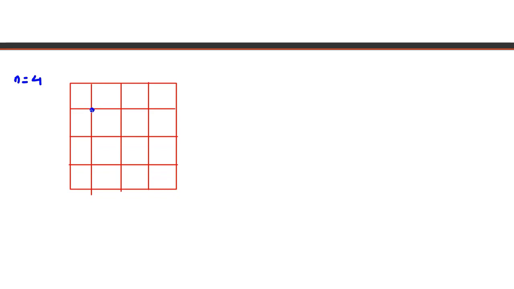Here, again, we say, okay, let's consider this point and the edges here. Then this point and these edges, this point and these edges, this point, this point, this point, this point, and we've selected all of them.